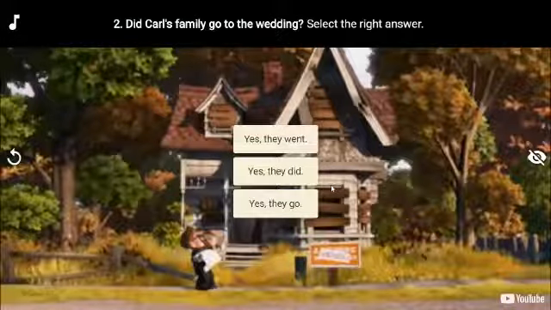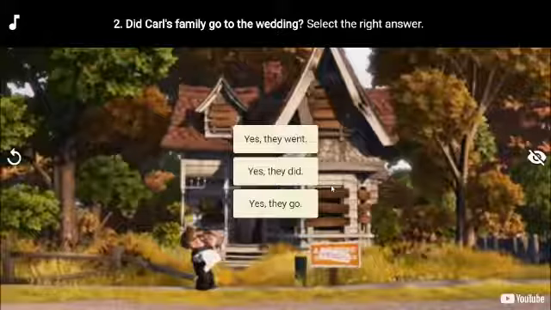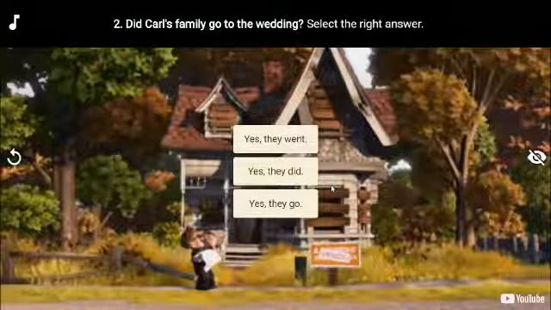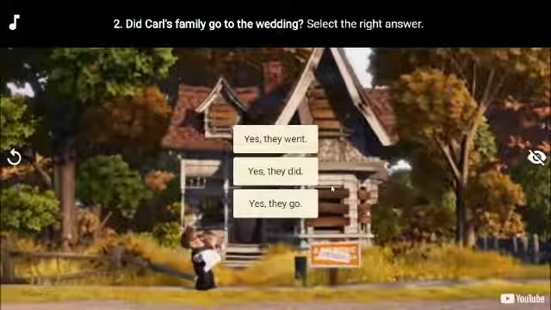What do we see here? Our second question: did Carl's family go to the wedding? Yes, we saw that they went to the wedding. And the answer is yes, they did.